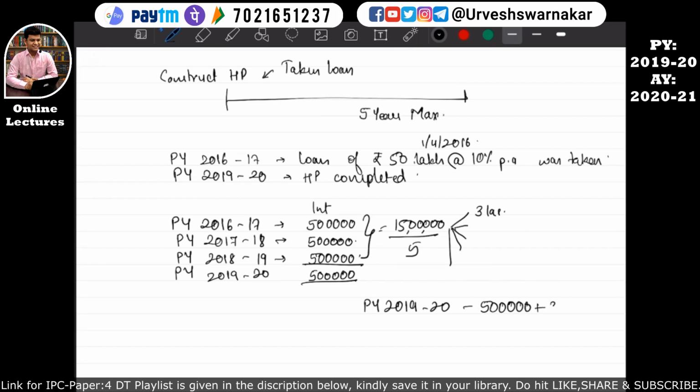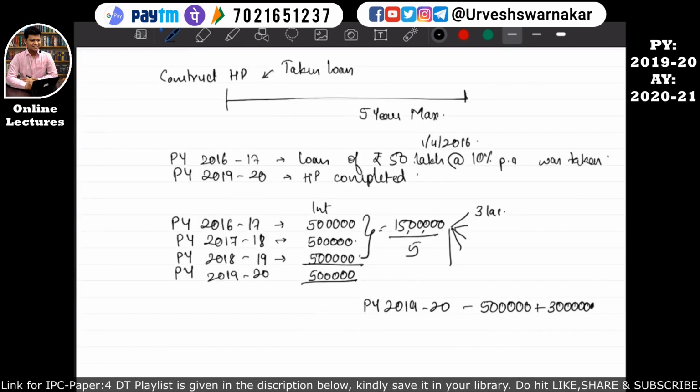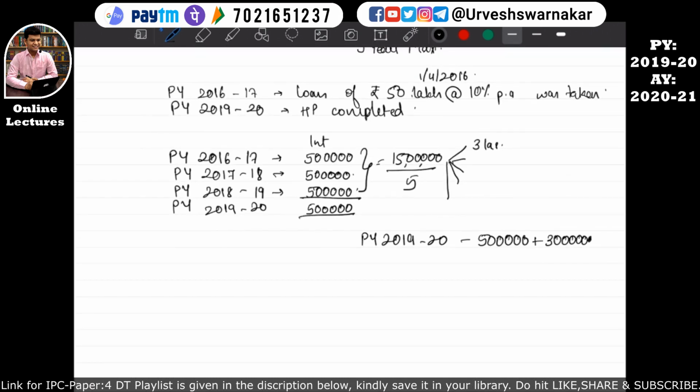So 5 lakh interest plus 3 lakhs will be allowed as deduction under section 24. There is some limit also that we will study, but for the time being, understand that in the previous year this entire 5 lakh will be allowed as deduction. For example, if the house property had got completed on 31st January 2019, that means it would have got completed in the previous year 18-19.